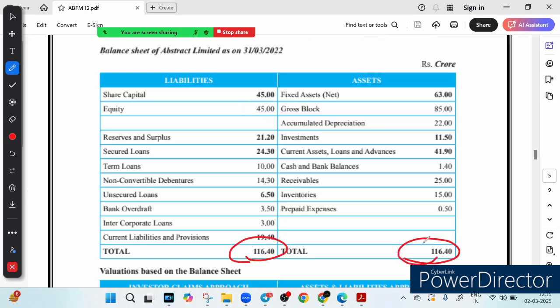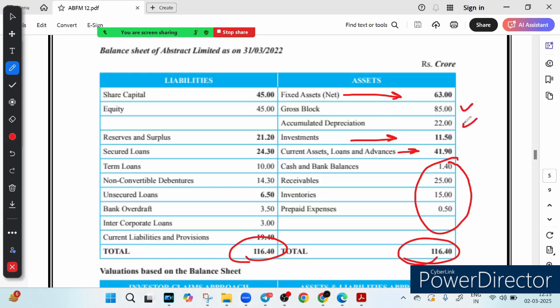If you see the breakdown of assets, what the company owns: fixed assets are 63 crore, like property and equipment. Then we have investments of 11.50 crore, with stocks, bonds, etc. Current assets include cash, bank balance, receivables, inventory, and prepaid expenses. You add all of them and you will get 41.90, right?